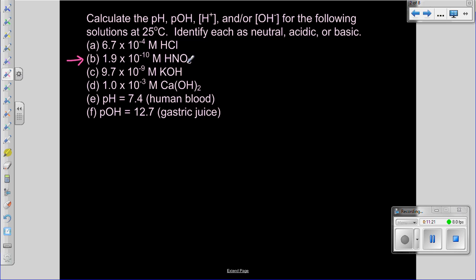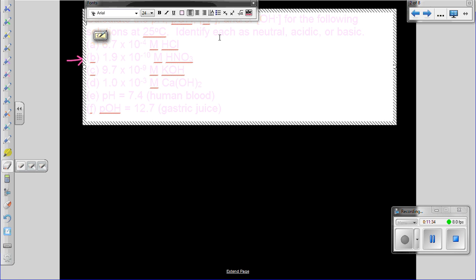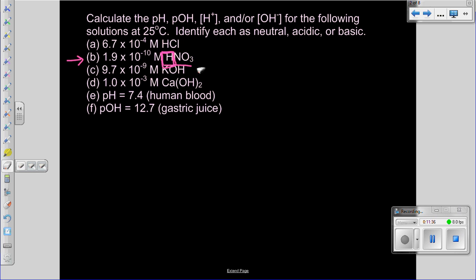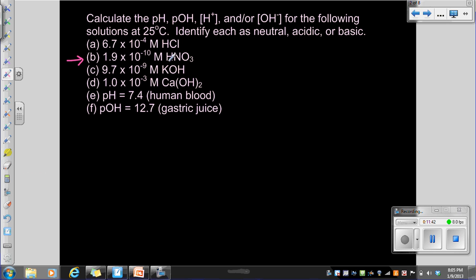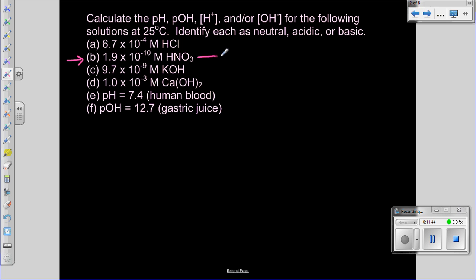So first thing I do is I look at what I have. I have nitric acid, and here's my hydrogen, which is showing me that I've got an acid. It is a strong acid, so what that tells me is that nitric acid will completely dissociate.